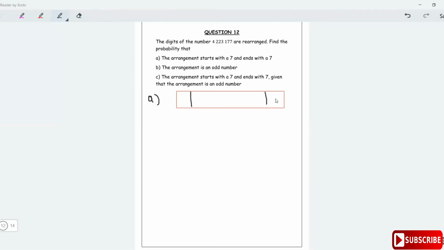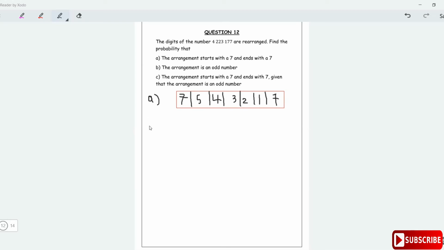If you want to start with 7 and end with 7, then how many other numbers are left? 1, 2, 3, 4, 5 numbers. So any one out of the 5 can go here, 5, then 4, 3, then 2, then 1.